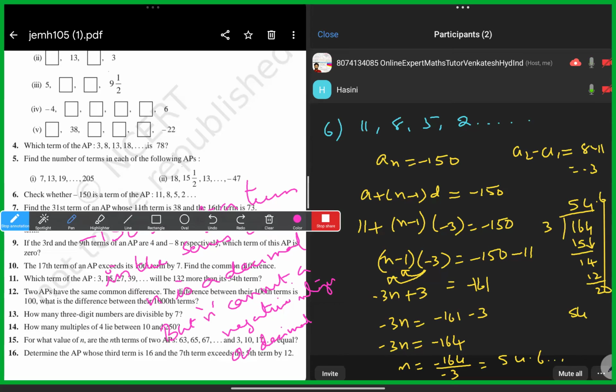So simply to tell, n cannot be a negative integer or a decimal or a fraction means n should always be a positive integer. That is the meaning.